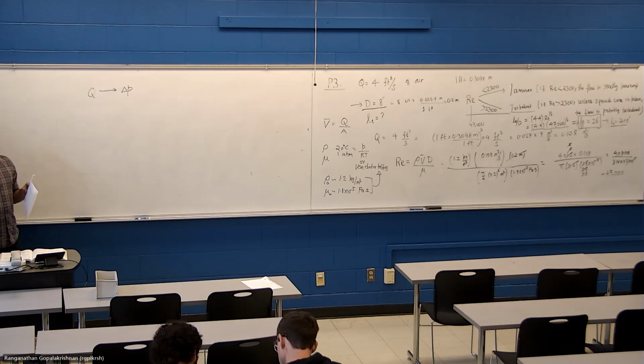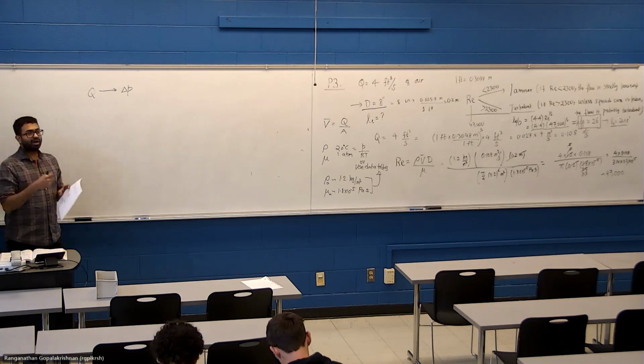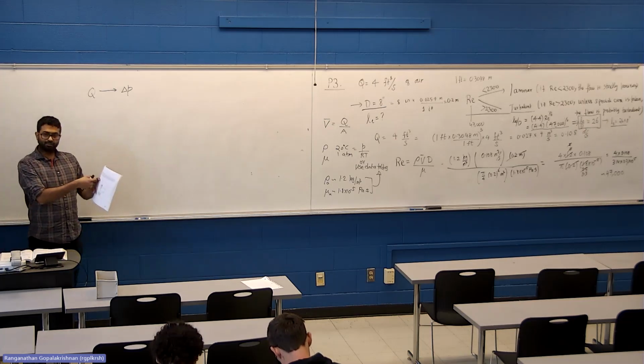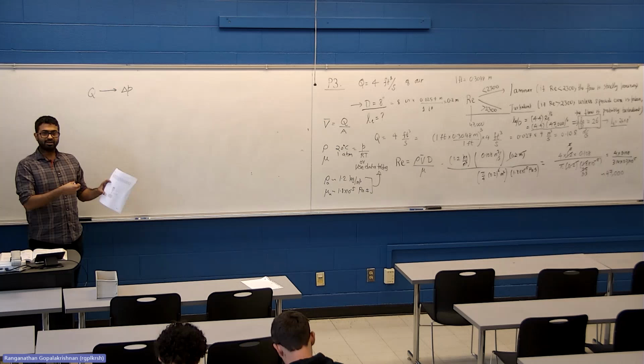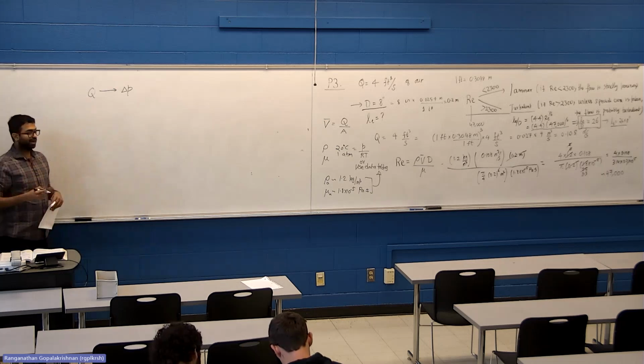So what will happen if you draw the plunger too fast? Then you drop a lot of pressure. What will happen if Q is beyond a certain value?